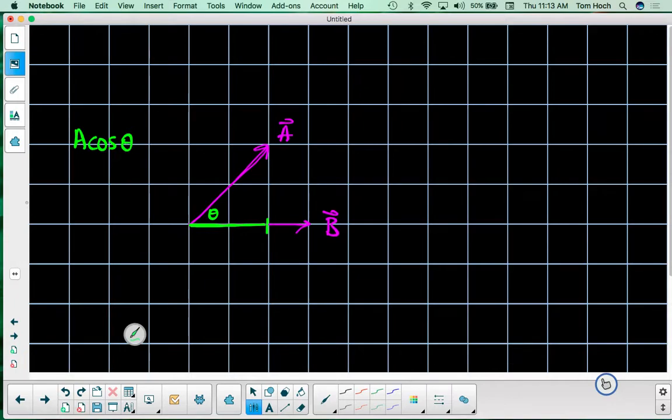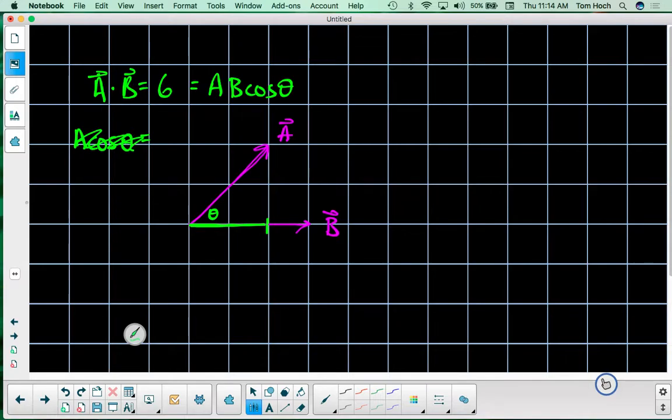Now, suppose I wanted to know the angle between these two. Of course, there are a lot of ways to do it, but using my definition here, let's do it like this. A dot B is equal to 6, right? But that's equal to A B cosine theta.